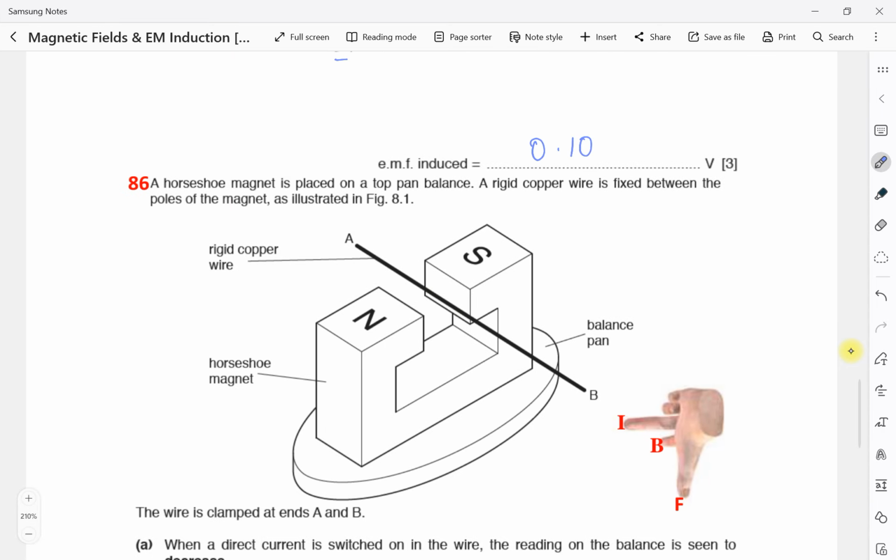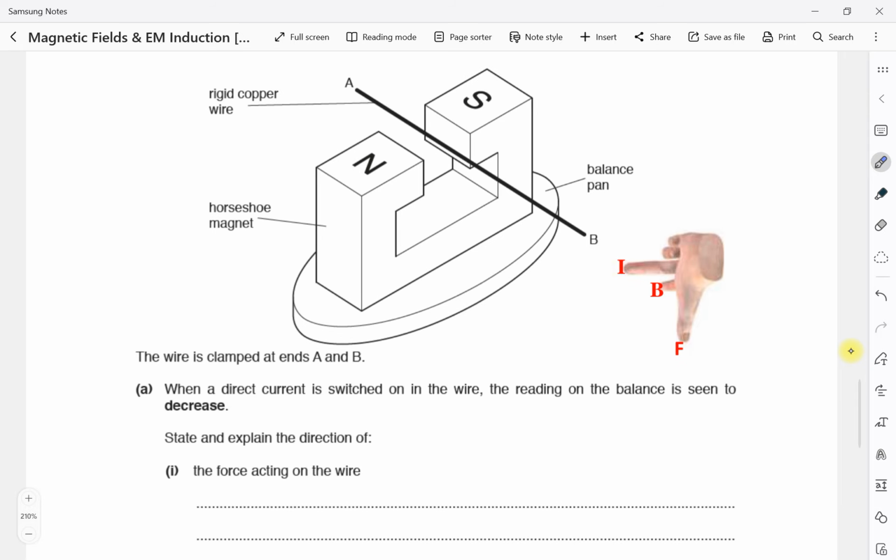A horseshoe magnet is placed on a top pan balance. A rigid copper wire is fixed between the poles of the magnet as illustrated here. The wire is clamped at ends A and B. When a direct current is switched on, the reading on the balance is seen to decrease.